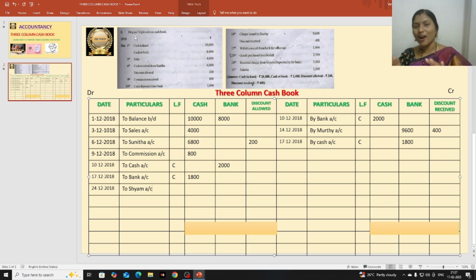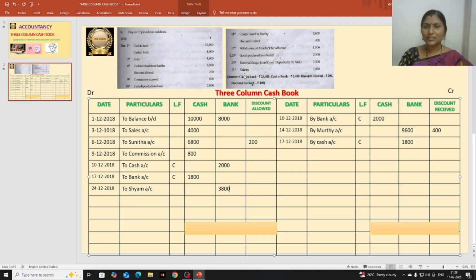So on the same day, the 24th, they deposited that check in the bank. If they mention that, then you record in the bank column. If they don't mention deposited in the bank on the same day, even though it is a check, you should record in the cash column. But here they deposited in the bank, so you record in the bank column only. How much amount? 3,800. So I am writing 3,800 here.